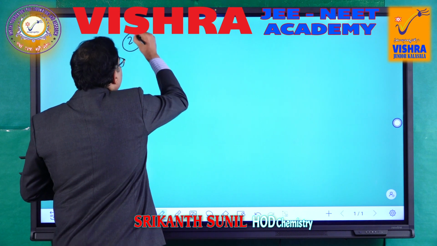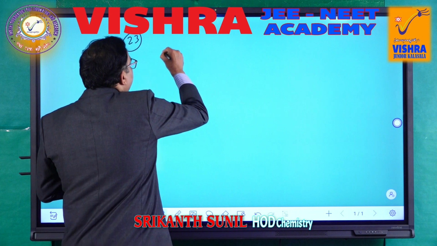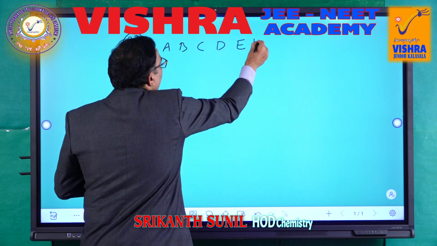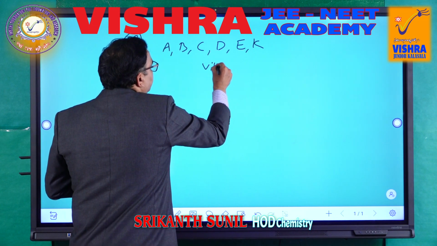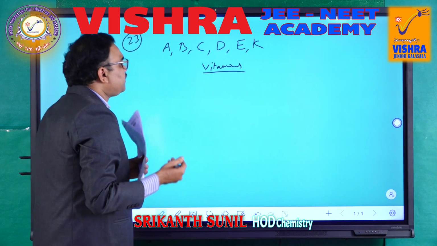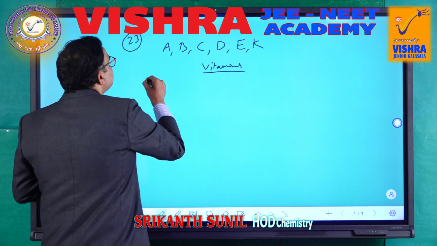23rd question, all of you know that there are A, B, C, D, E, K vitamins. In this, which of them are stored in the body, means which of them are fat soluble.